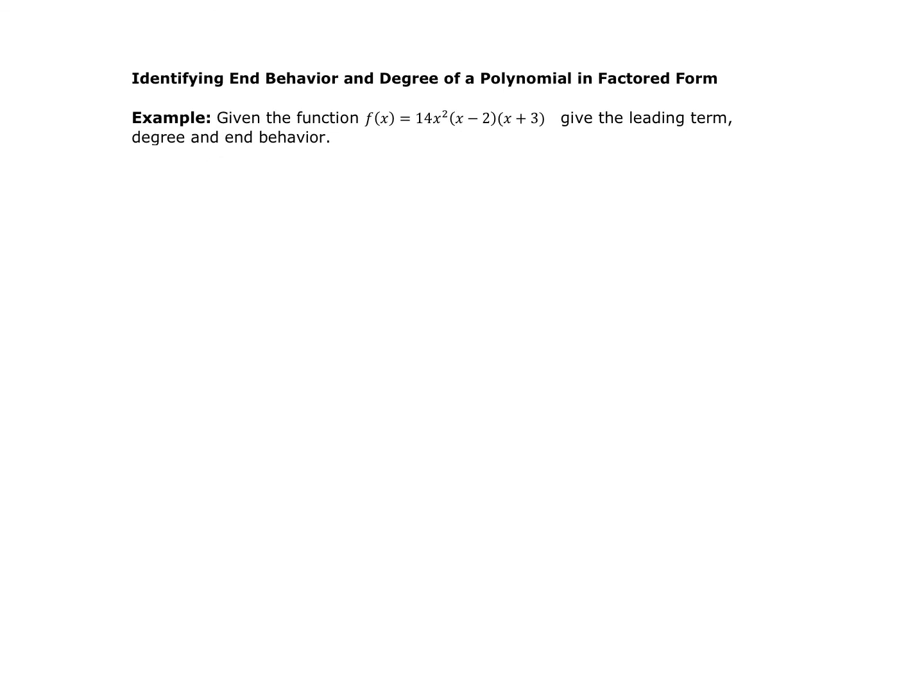Okay, so if our polynomial is not in standard form, decreasing order, but maybe is in a factored form, we still want to be able to find the lead term, the degree, and the end behavior, but we don't really want to have to multiply it out.